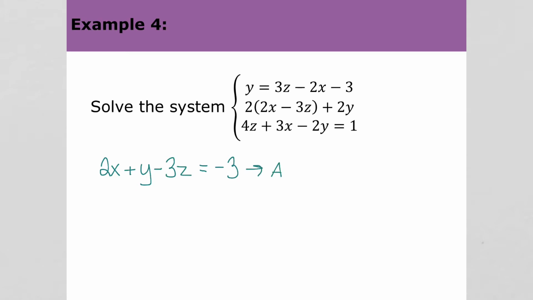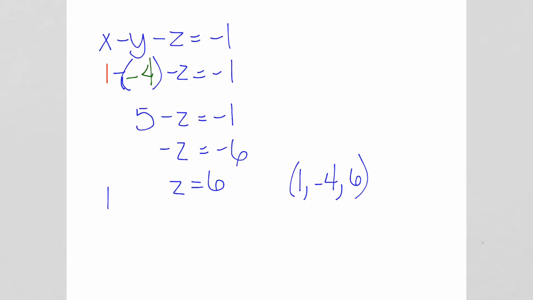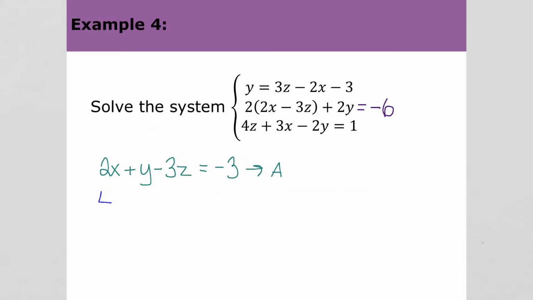For B, we need to do some distributing. It looks like I've got a problem here with B too. This should say equals negative 6. Okay, so for B, we need to multiply through. So we've got 4x minus 6y, and then plus our 2, well, yeah, that's not a y, that's a z.